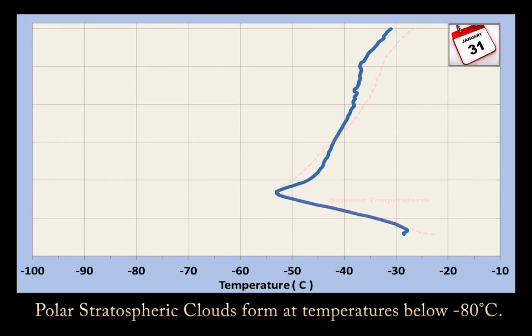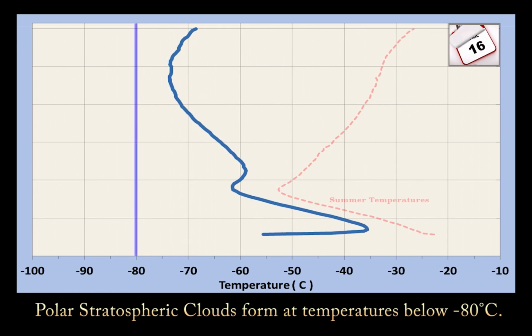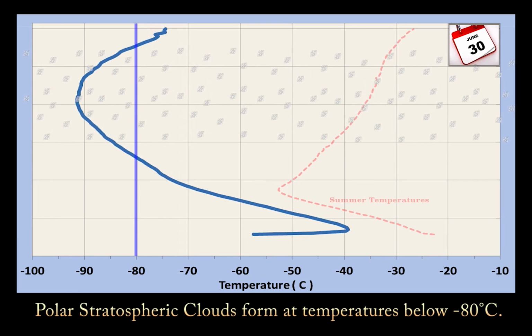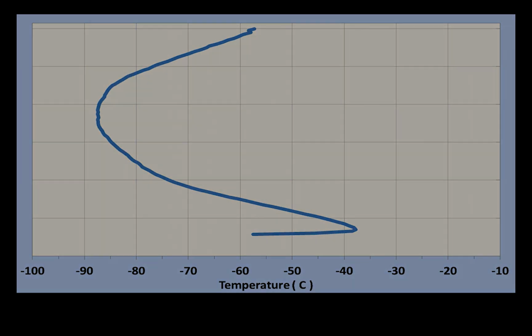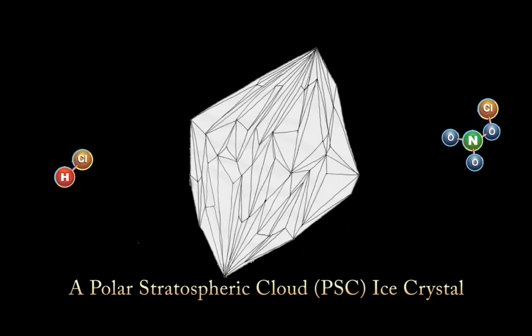Because of the Antarctic polar vortex, stratospheric air temperatures above Antarctica can plunge well below negative 80 degrees centigrade during the winter. Polar stratospheric clouds form only at these extremely cold temperatures. Let us imagine an ice crystal formed in a polar stratospheric cloud.